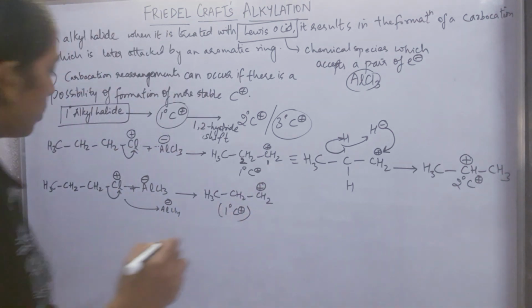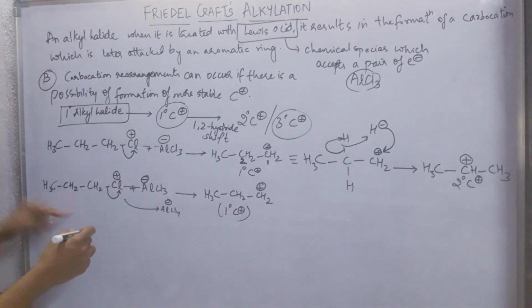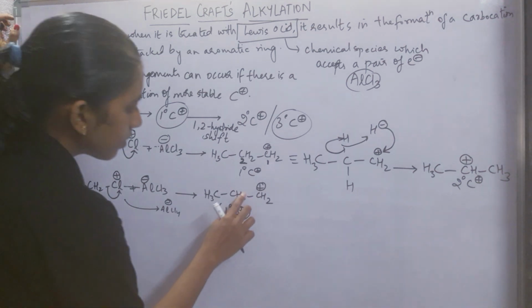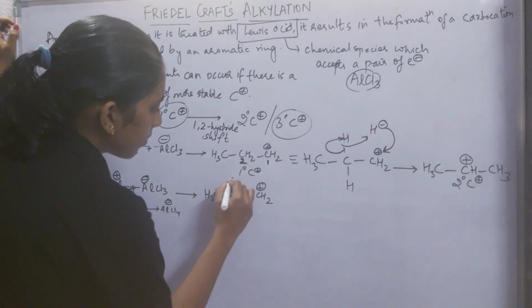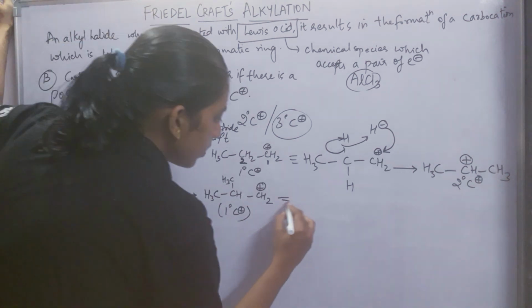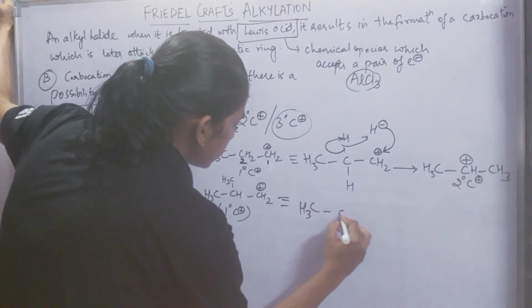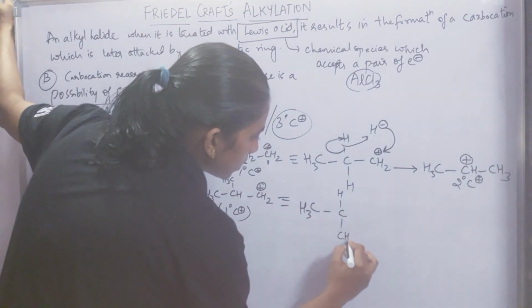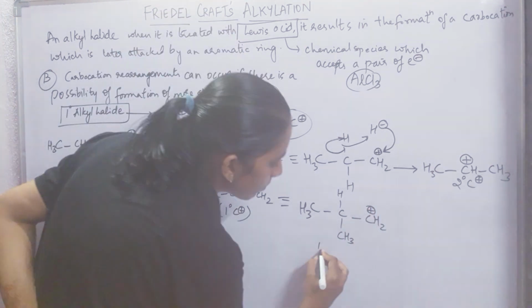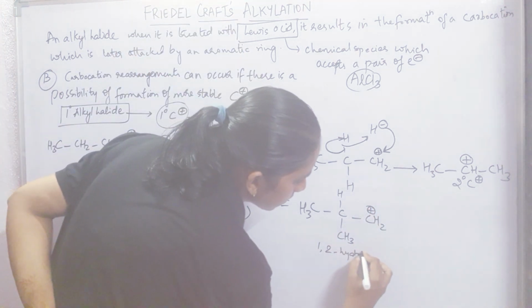Now to form a tertiary carbocation, we have to add one more methyl group here. Now this is a primary carbocation. This can be written as CH3CH2 plus. Again we'll see a 1,2 hydride shift here.